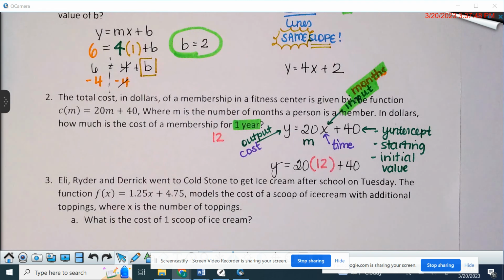So what is the cost of our membership after a year? Grab your calculators, my friends. What is the cost after 1 year?